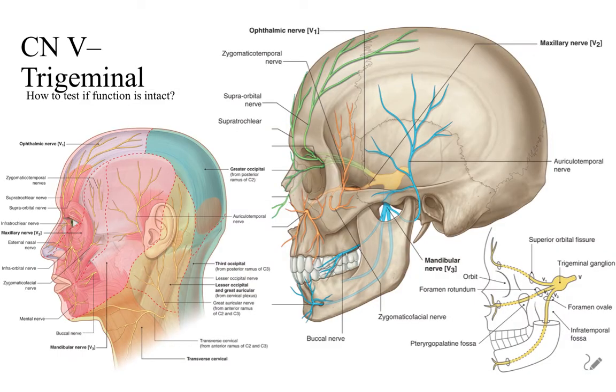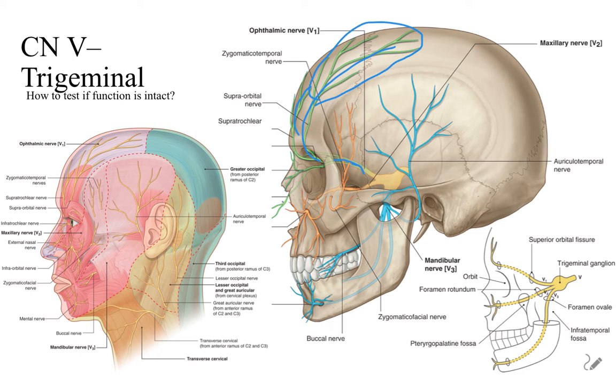So here's our ophthalmic division coming out of the superior orbital fissure, and it's branching to the frontal area as well as to the parietal area, and it is going to supply sensory innervation to those areas. Remember, we already talked about the trigeminal nerve supplying sensory innervation to the scalp in this area, but now we see the other branches and where it's going to go.